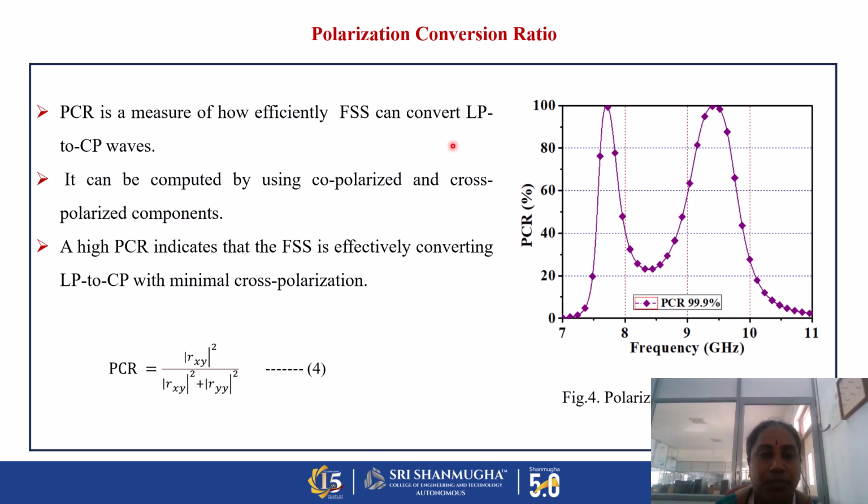By using this formula, we calculated the PCR value, that is modulus of Rxy whole square by Rxy whole square plus modulus of Ry whole square. After substituting, we attained the result of 99.9 percentage. The maximum PCR is attained in the proposed elliptical polarizer FSS unit cell.